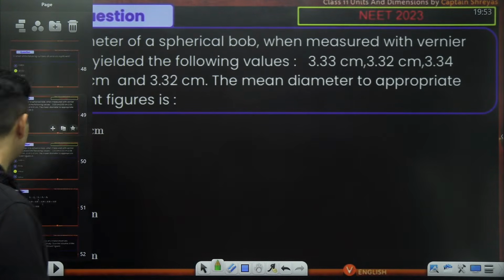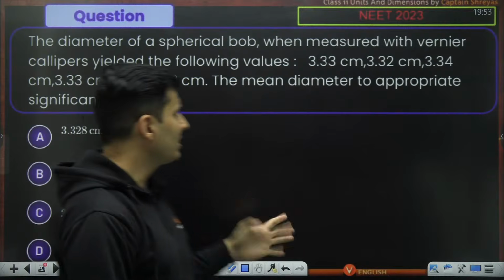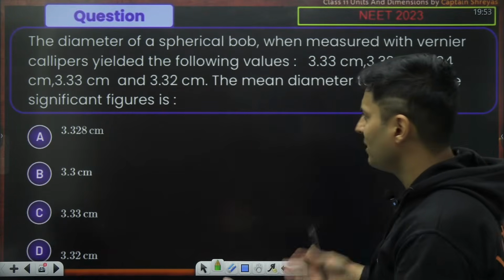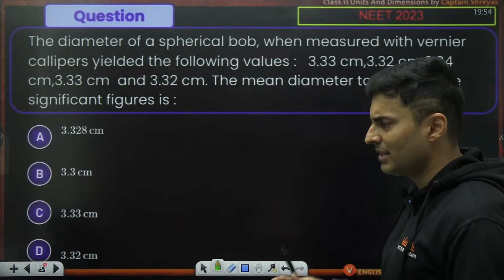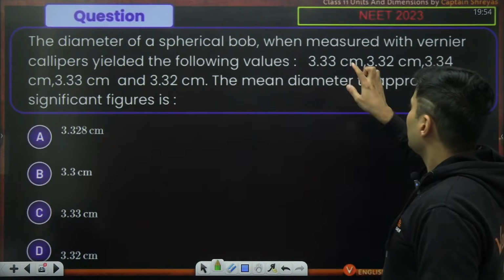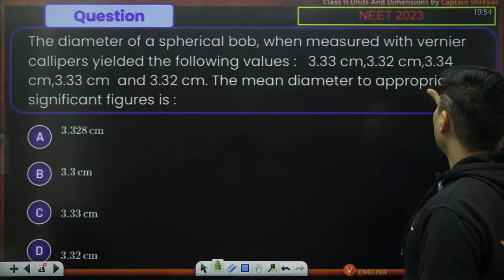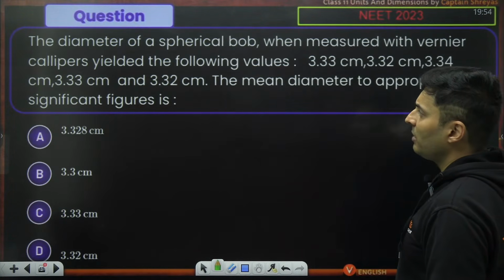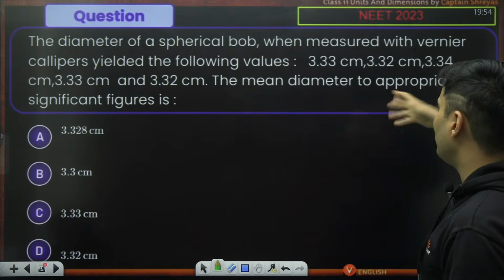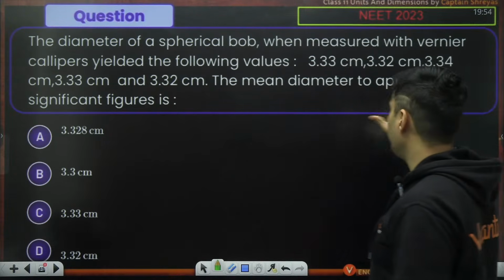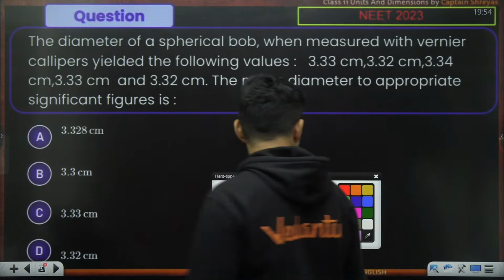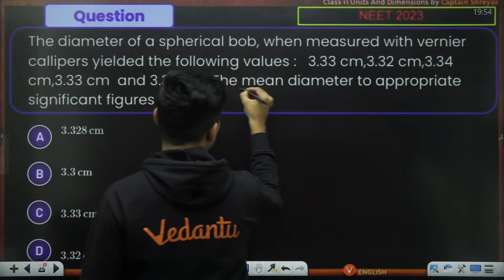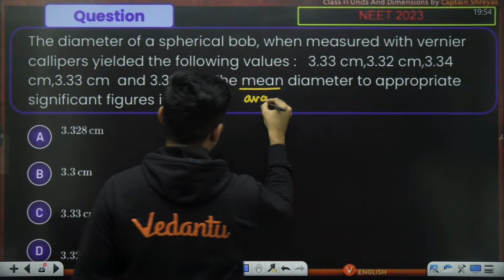Here it comes. The diameter of something is measured using some instrument, doesn't matter what it is, vernier, this, that, forget it. The values are 3.33, 3.32, 3.34, 3.33, 3.32. The average diameter, mean means average diameter, is how much? How do you find out average? Mean means average, guys.